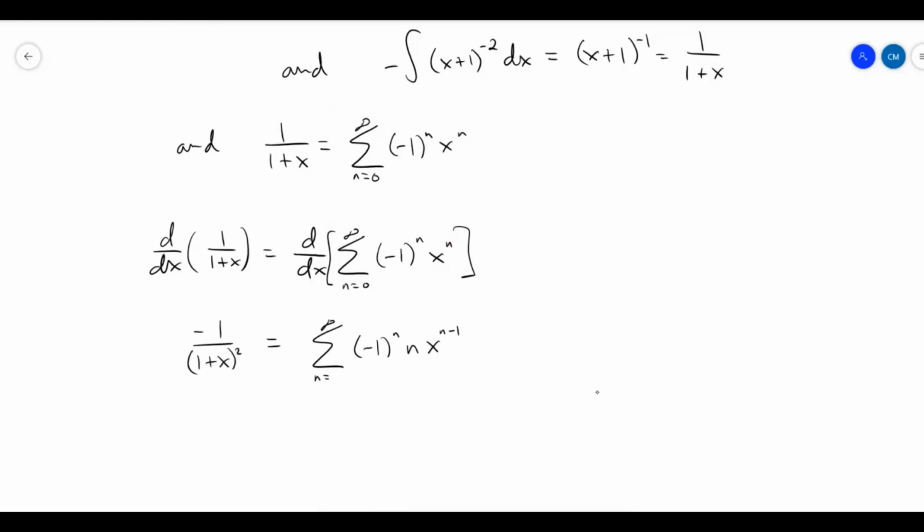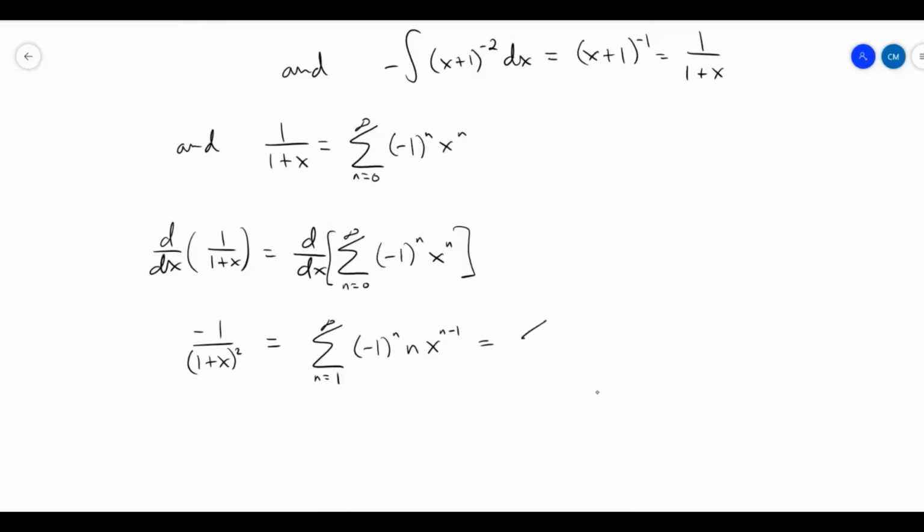Now remember what we said about taking a derivative of a power series. The first term is actually a constant here. If you plug in 0 here, you're going to get x to the 0 power, negative 1 to the 0 power. The first term on that is just 1. When you take that derivative, that 1 is going to drop off. And so we have to increase this by 1, okay?